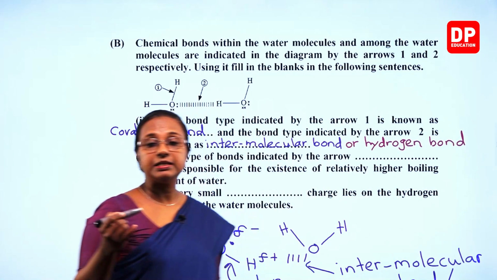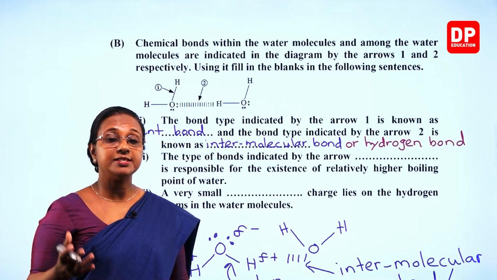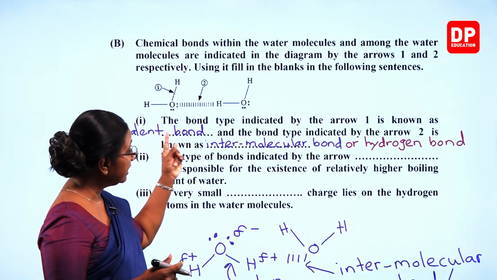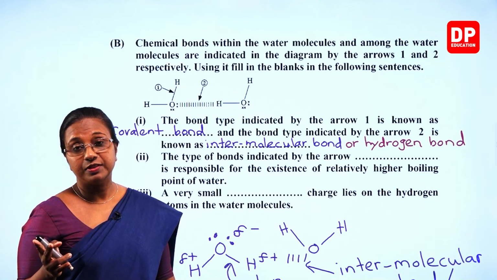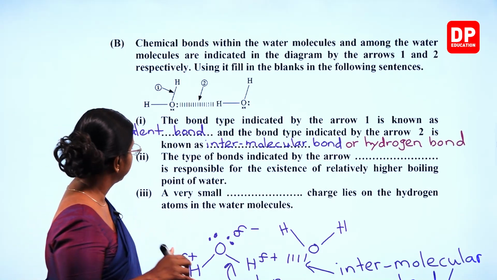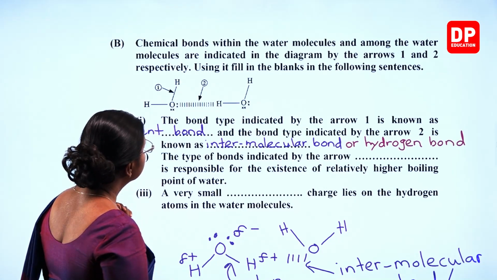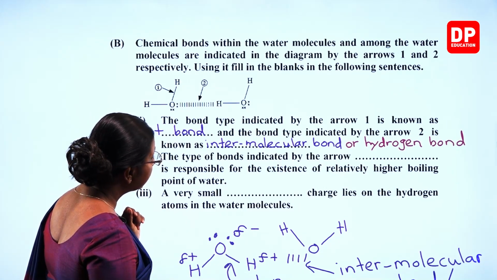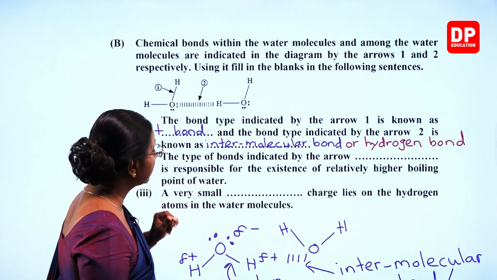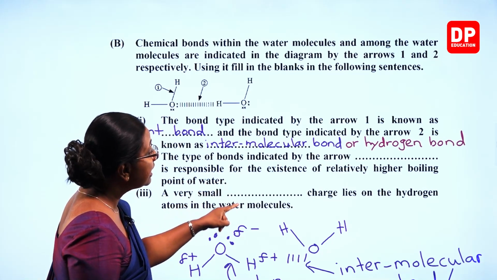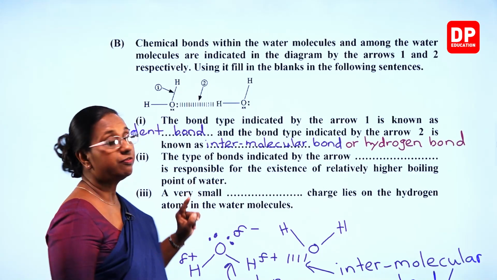Normally in covalent compounds, between the molecules there is an intermolecular bond, but in this case that is a hydrogen bond. So you can give either answer. Is that clear? Then the second one: the type of bonds indicated by the arrow blank is responsible for the existence of the relatively higher boiling point of water.